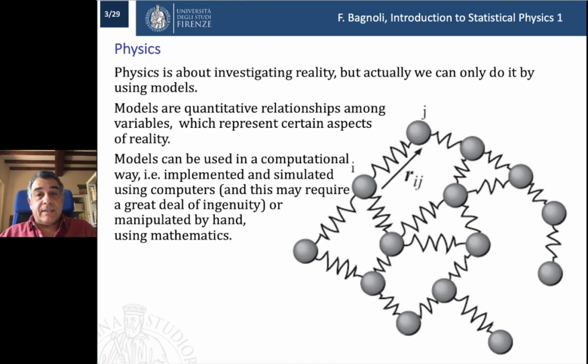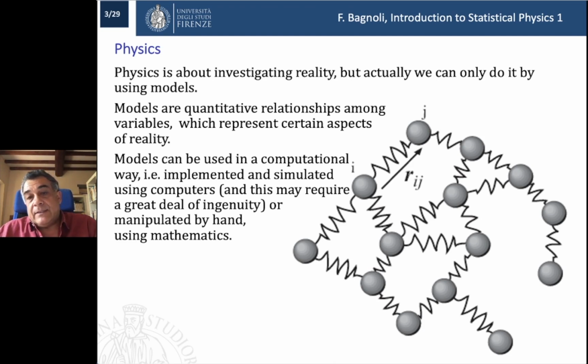You study physics, and you know that physics is about reality, what happens around us. But actually, we are not really studying reality. Clearly, when we perform experiments or observations, we are dealing with reality. But when we think about them, perform computation, or try to forecast what is going to happen, we actually use models.